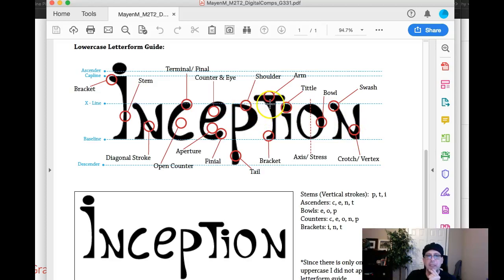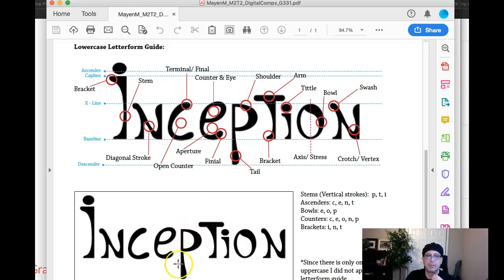All right, taking a look at the letter form itself. This is great because you've got your descender line, your baseline, your X line, and your cap height and your ascender line all established. That's fantastic. One thing I'm not seeing, though, is there's a couple of inconsistencies based on the actual mechanics of the letter form.